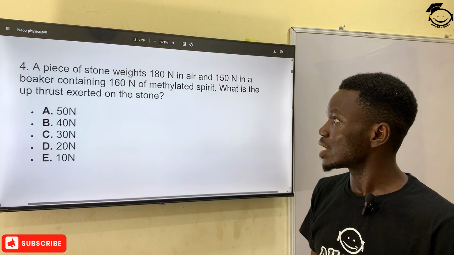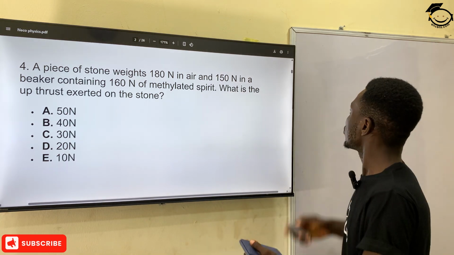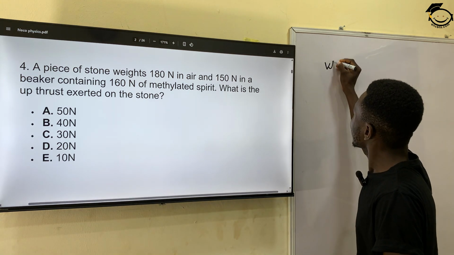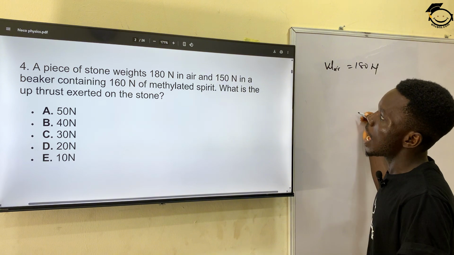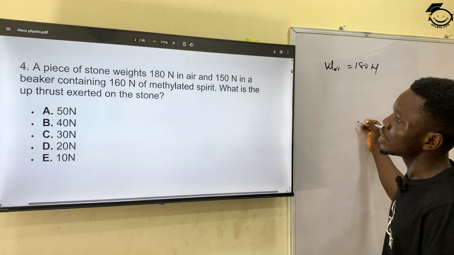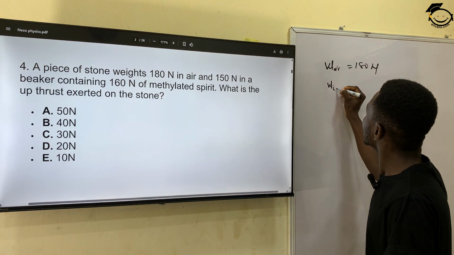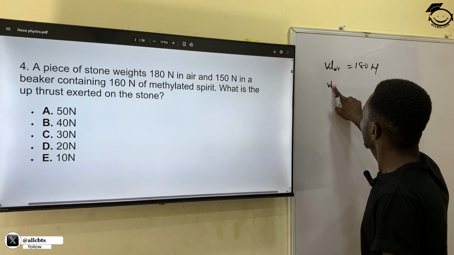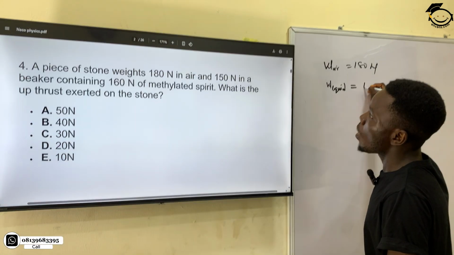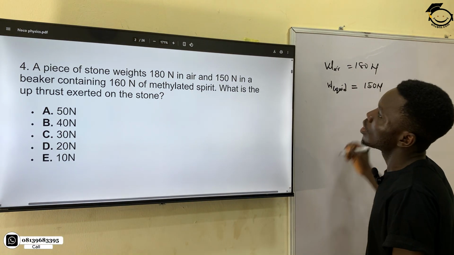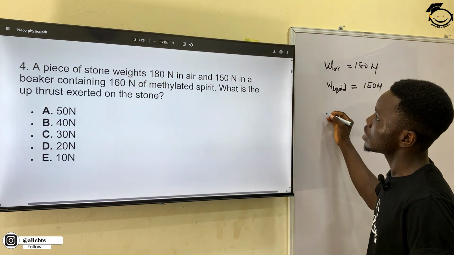Question number 4 says a piece of stone weighs 180 Newton. So the weight in air is 180 Newton, and the weight in liquid is 150 Newton in a beaker containing 160 Newton of methylated spirit.